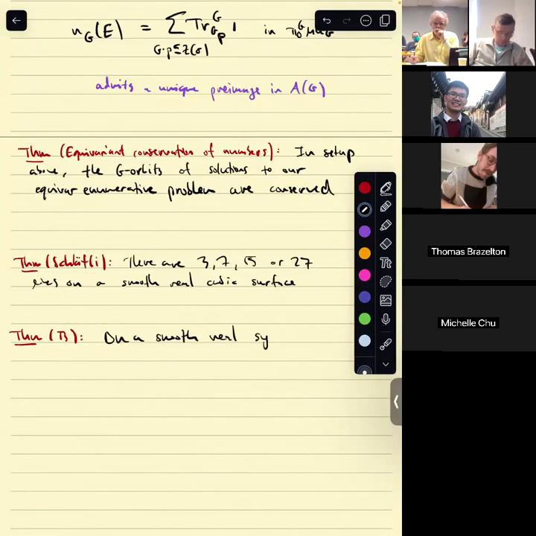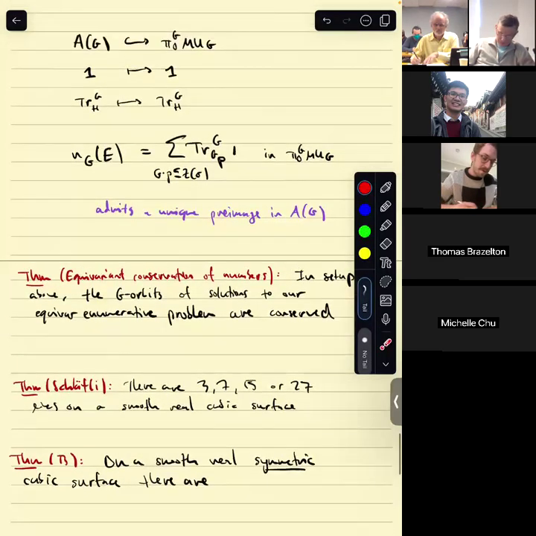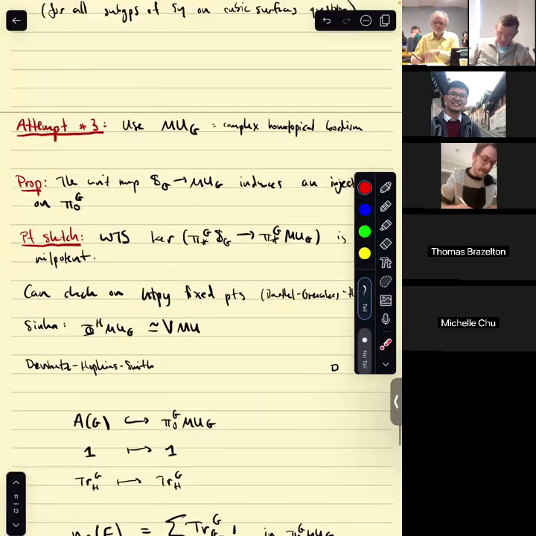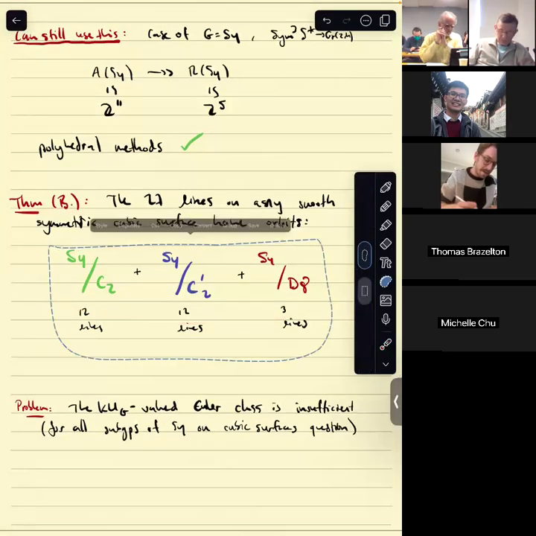So on a smooth real symmetric cubic surface, how many lines could I see? If I go back to my computation, I had these 3 orbits of lines here. Let me just copy this down to where we were before.